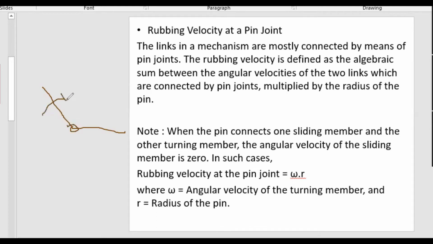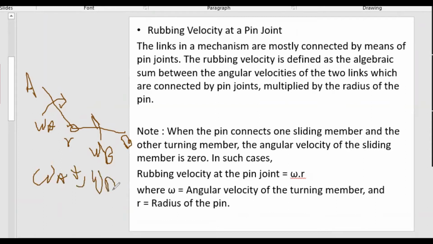This is moving with angular velocity omega A and this with omega B, and the radius of this pin is R. Algebraic sum means that if both are moving, we will have either omega A plus or minus omega B, into the pin radius R. I will say what is plus and what is minus.